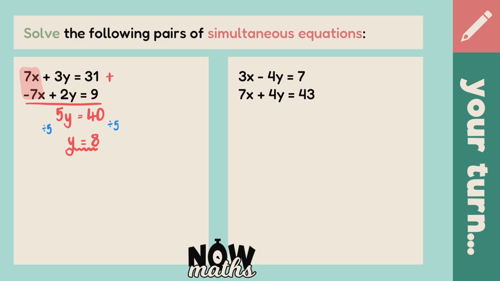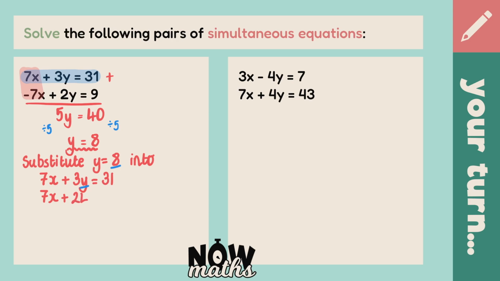We now substitute this value into one of the two equations we started with, and given that the top equation has all positive numbers, I would choose to substitute into this one. So we're substituting y equals 8 into 7x add 3y equals 31. So the y is being replaced with 8, which gives us an equation of 7x add 3y, which becomes 3 multiplied by 8, which is 24, equals 31.